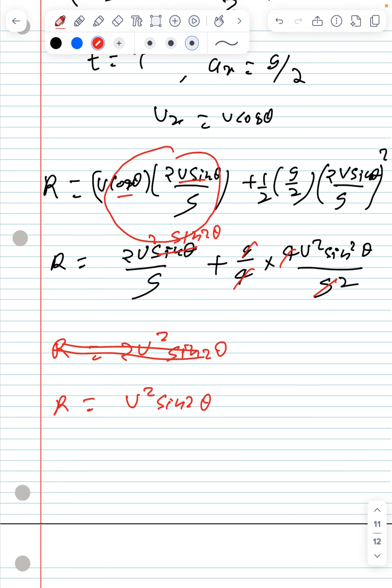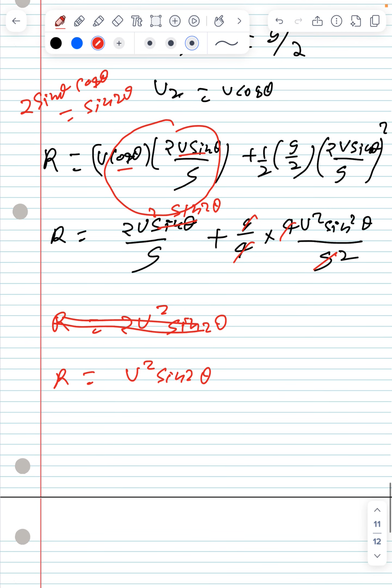R = u² sin 2θ, because the formula of sin 2θ is 2 sin θ multiplied by cos θ.